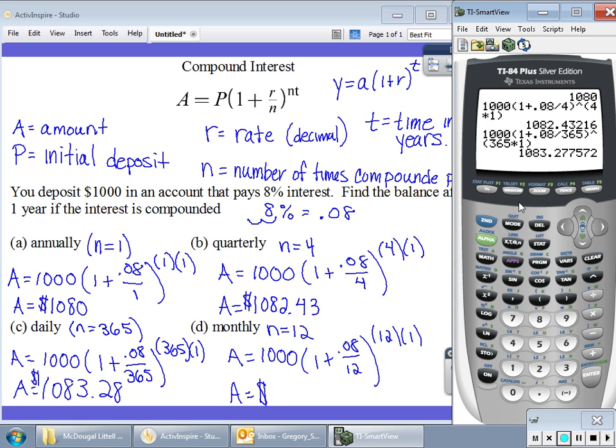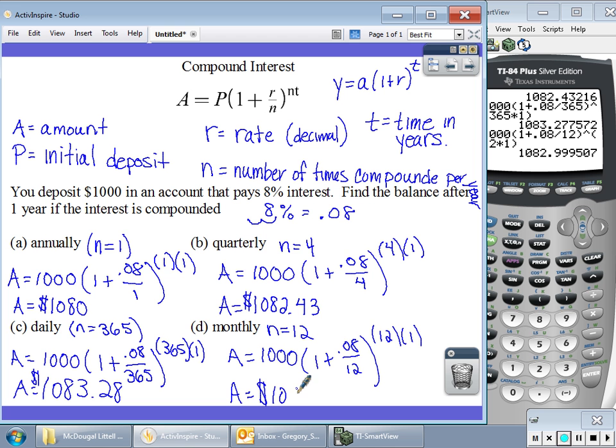So we're just changing the N. 1,000 times (1 plus 0.08 divided by 12), caret, in parentheses, 12 times 1. And so we're getting $1,082.99. Now that last 9 here, we'll probably round that up, and so we'll end up being $1,083.